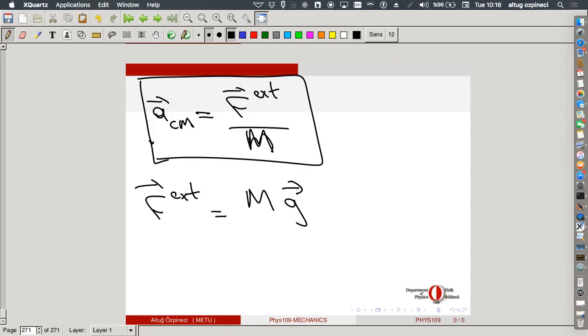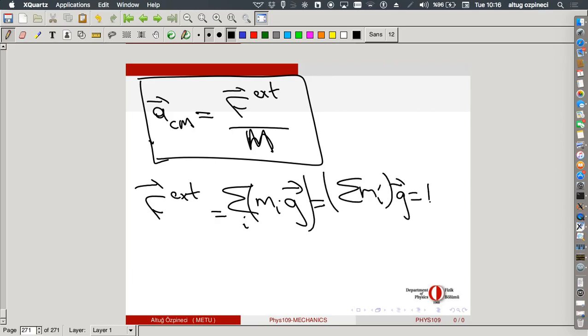But even here, there is a very small assumption, in the sense that the total external force is not really m times g a priori, because the gravity will be acting on very small parts of this object. But assuming that this is not so huge, g is constant everywhere during the motion, so this will be equal to m times g, so the acceleration of the center of mass will always be equal to g.